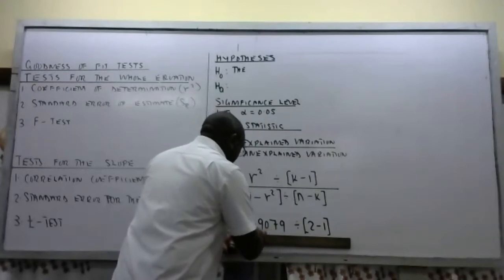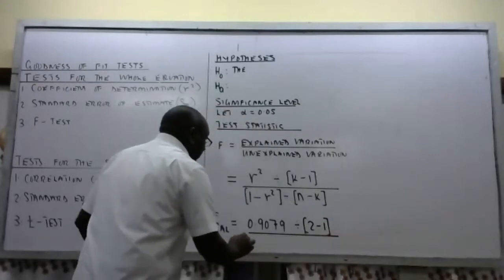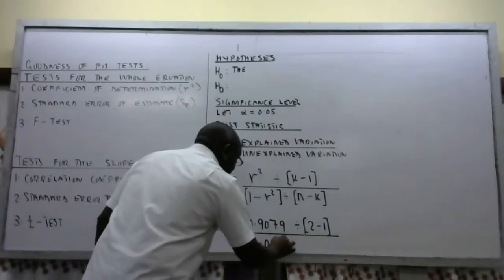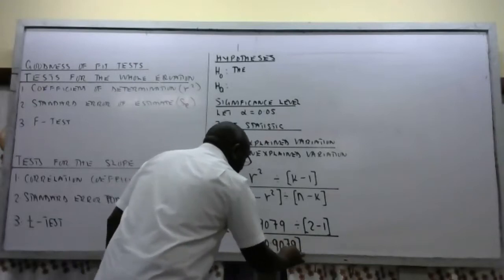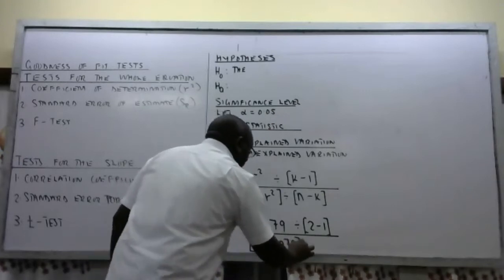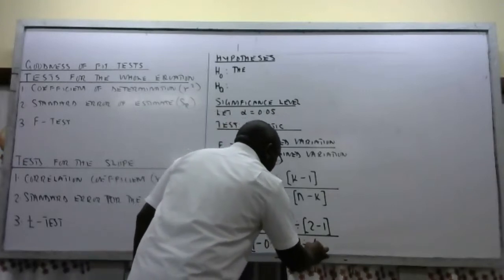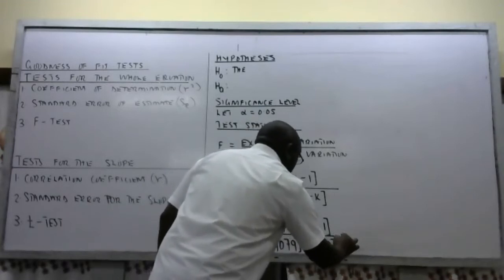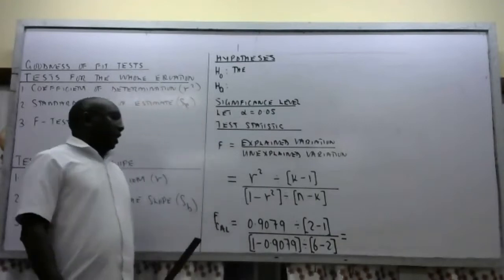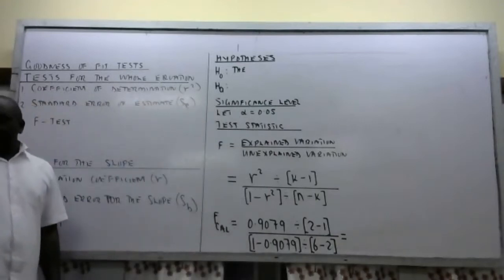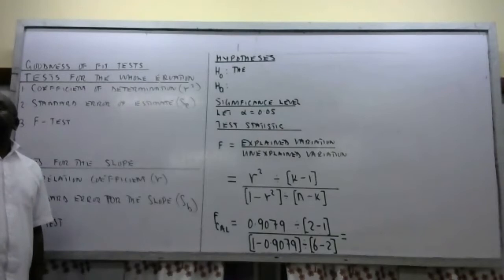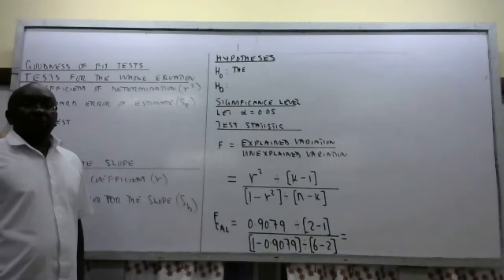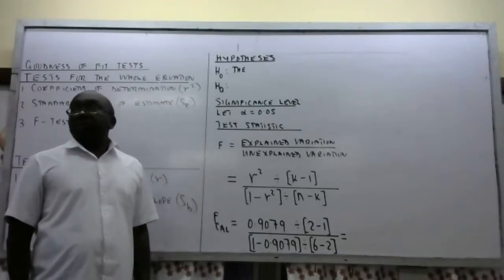Then you divide it by 1 minus 0.9079, which you divide by 6 minus 2. So give me the answer to 3 decimals.